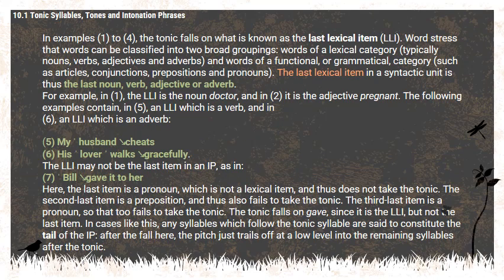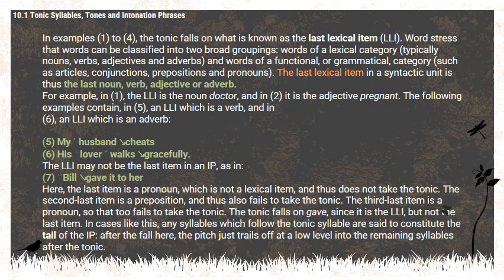In examples 1, 2, and 4, the tonic falls on what is known as the last lexical item or LLI. Word stress. Words can be classified into two groupings: words of lexical category, typically noun, verb, adjective, and adverb, and words of a functional or grammatical category such as article, conjunction, preposition, and pronoun.